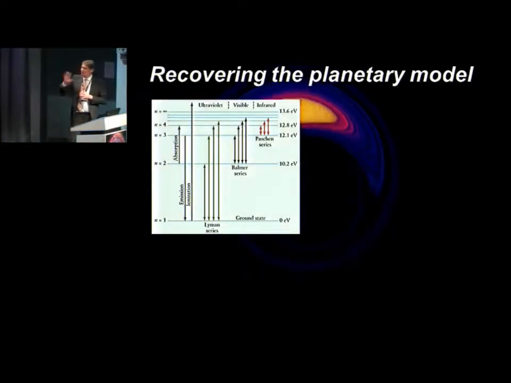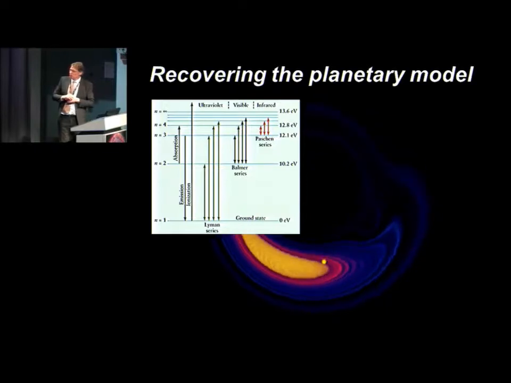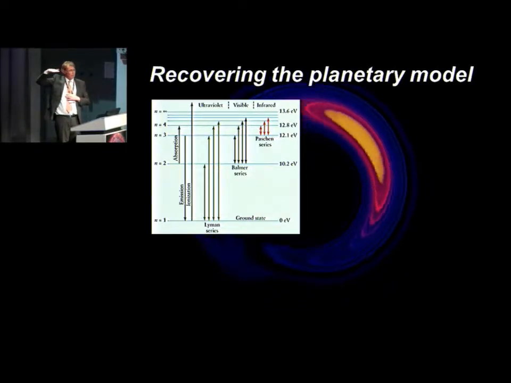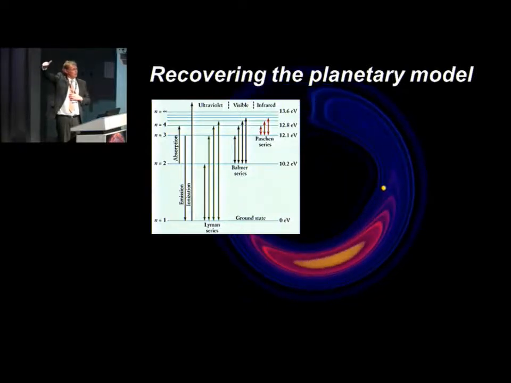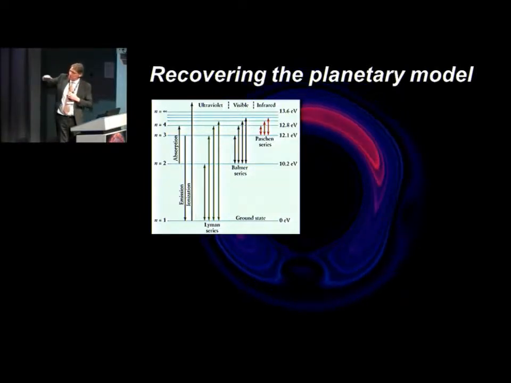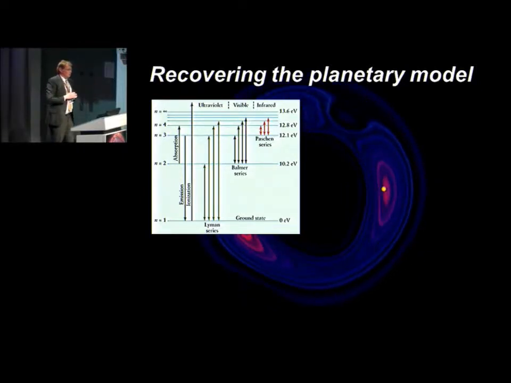So let's, one more time, look at the Bohr model, or basically what underlies the Bohr model. In the hydrogen atom, we say that we have a number of distinct electronic levels, and light is absorbed, or light can be emitted, when we make a transition from one level to another.